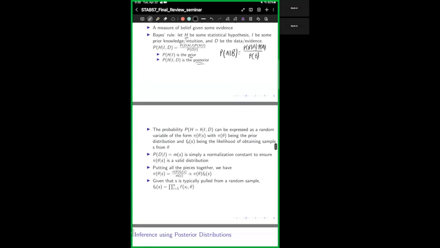So the probability of a hypothesis H given I, D can be expressed as a random variable of the form pi theta given S, with pi theta without the sample being the prior distribution, and f theta S being what we know as the likelihood of obtaining the sample given some parameter theta, where theta can be maybe a single parameter like mu or multiple parameters like mu, sigma squared.